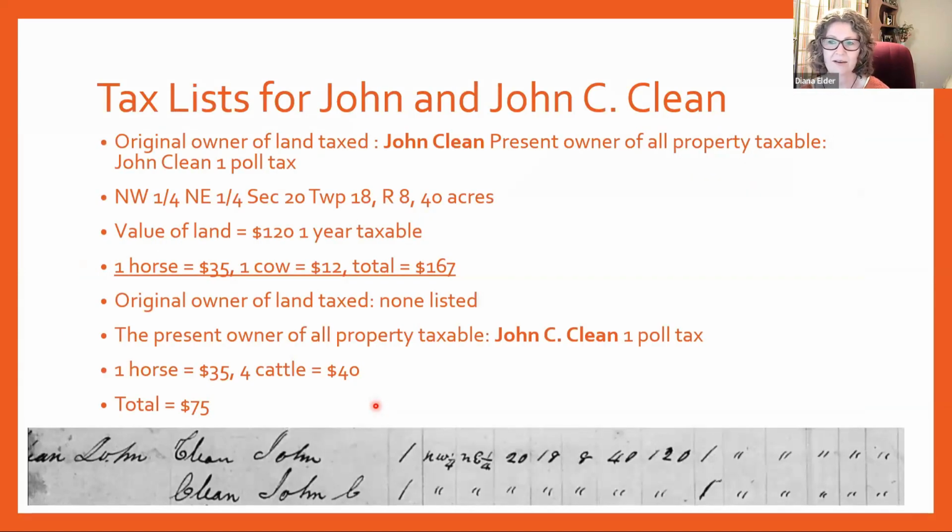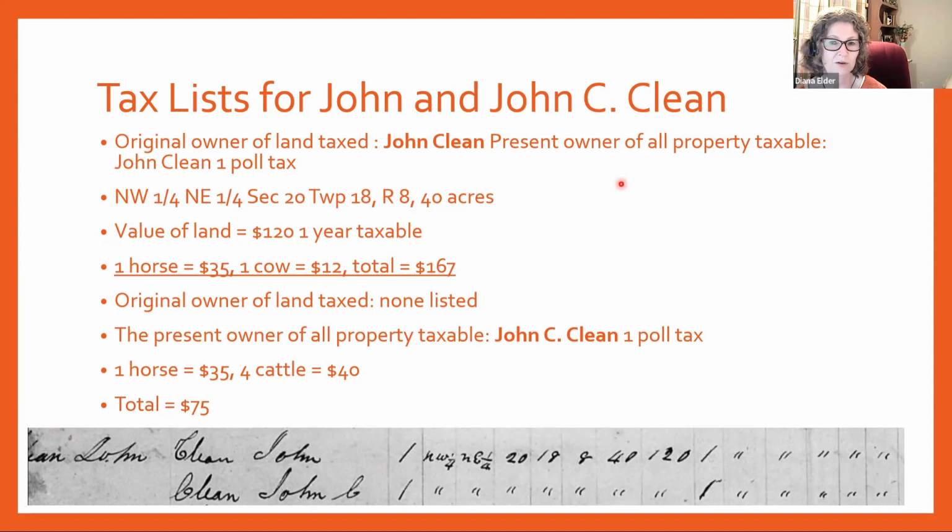So I have got tax lists, as I showed you, for John and John C. Clean. And when I abstracted them in, this is what I found. So we're going to try to see if we can figure something out here. So John Clean, I'm just going to call him Klein, was the original owner of the land tax.